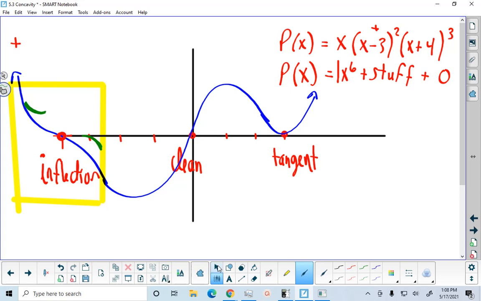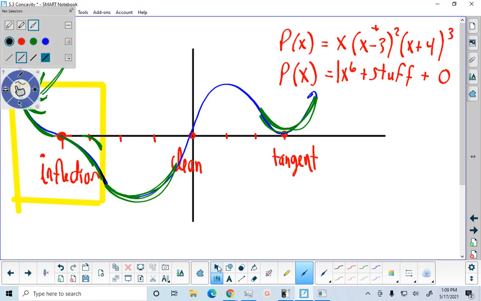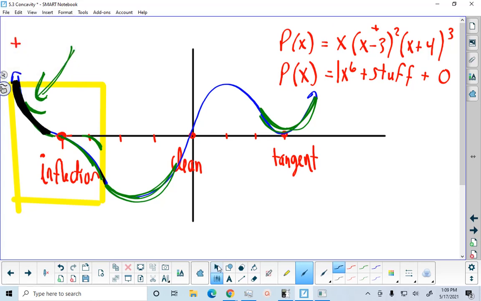And that's what we call concavity. The concavity of the curve here is different than the concavity here. By the way, the concavity right here is the same as the concavity here. And it's the same as the concavity here. So these sections that I'm going to highlight in black, these all have the same type of concavity. And it has to do with the second derivative.